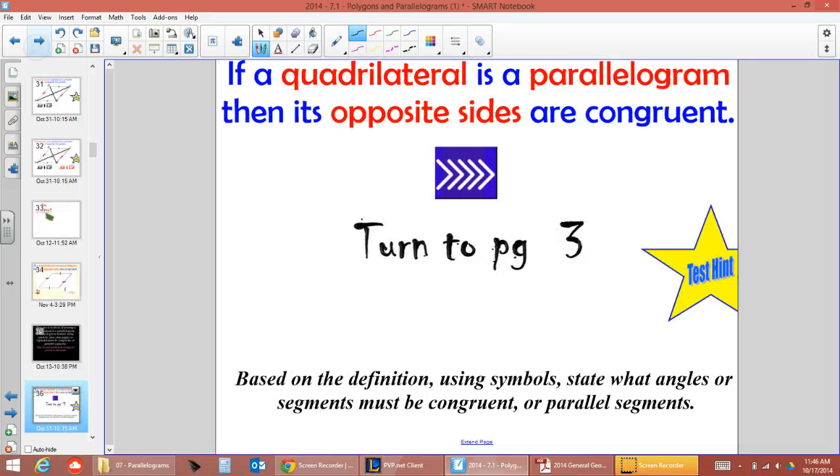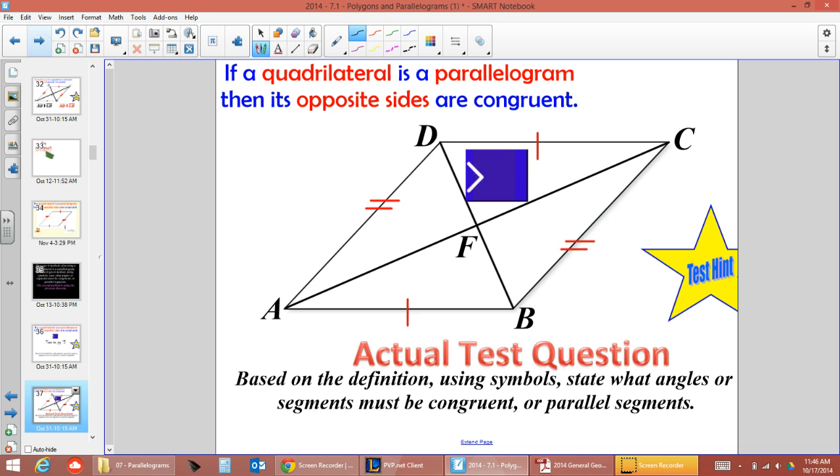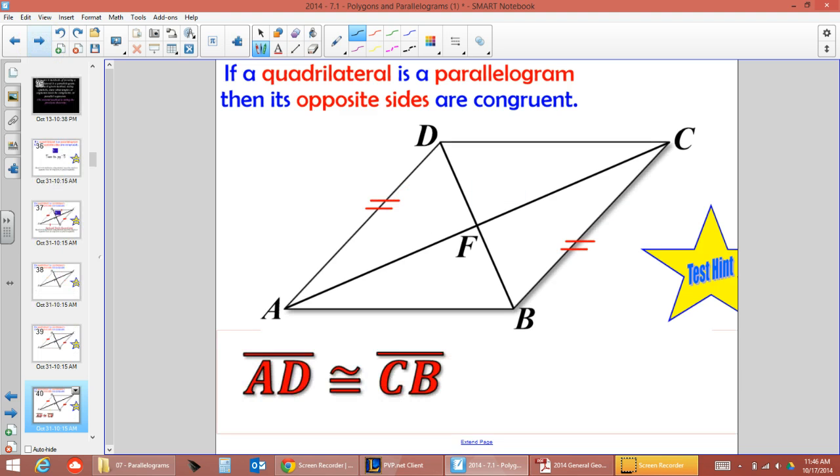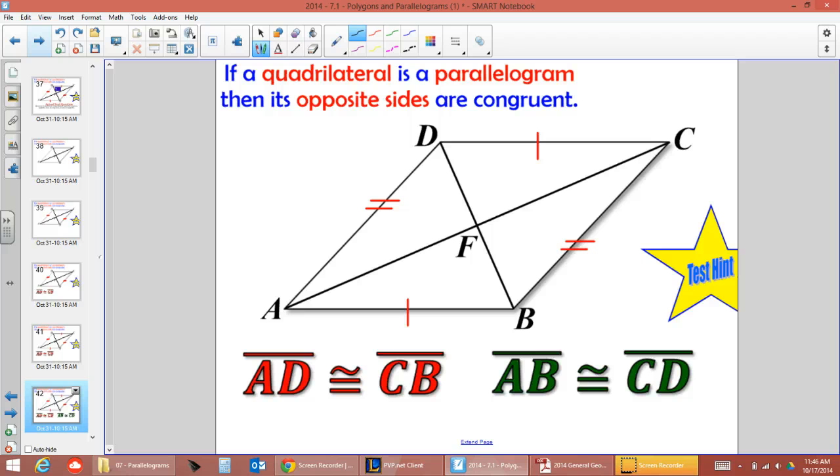So again, test hint. If I give you this definition, can you tell me information about the picture? The information that you should have is that they're congruent. I already marked the diagram for you, but you need to be able to write it out in symbols. So we mark the diagram, AD congruent to CB, and then we say that DC is congruent to AB.